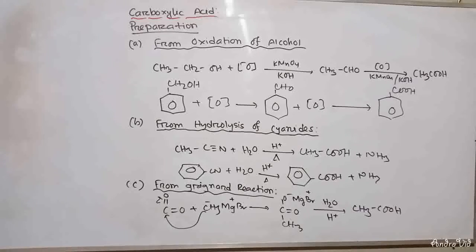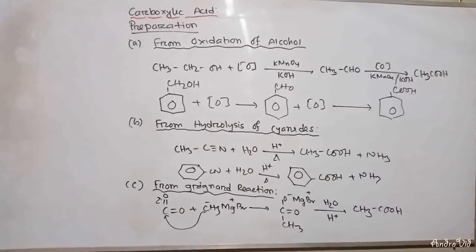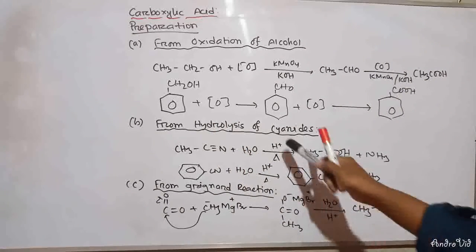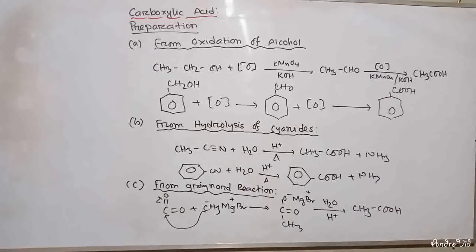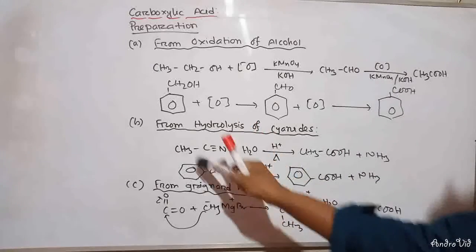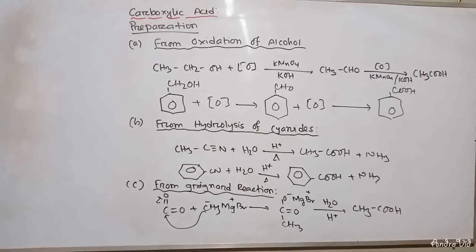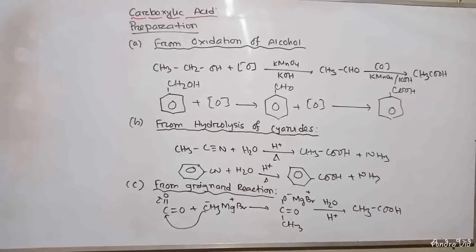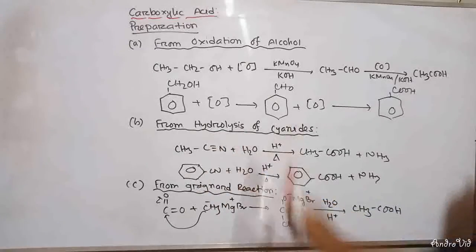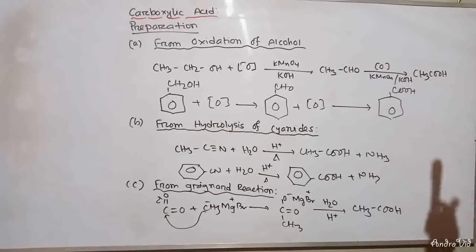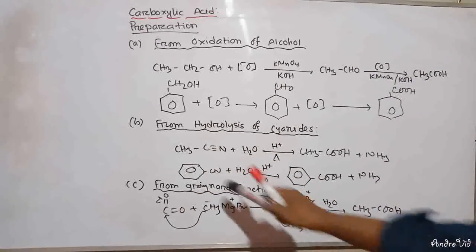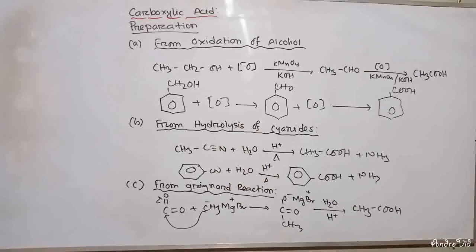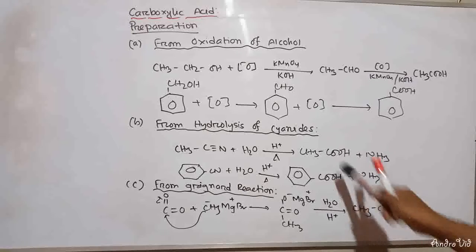So when you hydrolyze the cyanide compound in presence of a slight amount of acid with a little bit of heat, then this cyanide type compound will be converted to acid. This portion will be converted to COOH. By this way you will get CH3COOH, and this nitrogen will be converted to NH3. At the same time, in case of aromatic cyanide, it is also possible to convert it into benzoic acid.